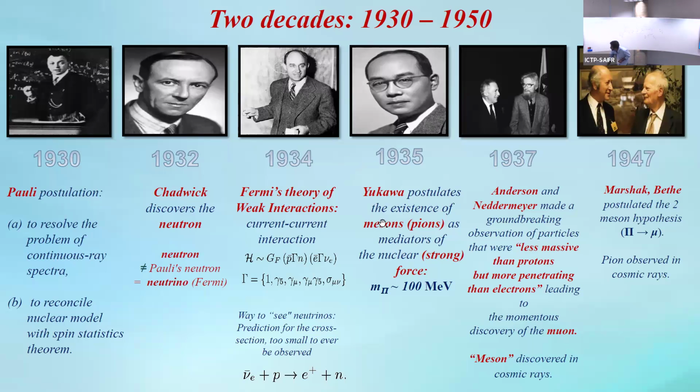Then, if you see the timeline, in 1935, Yukawa postulated the existence of something. This type of interaction is what Fermi basically proposed, but we didn't know the force carrier.